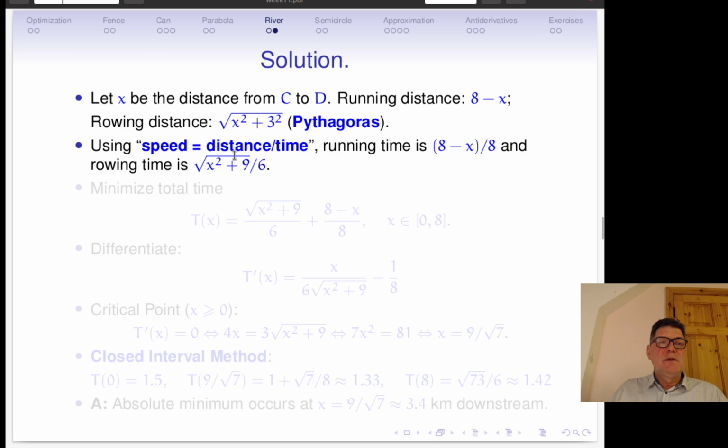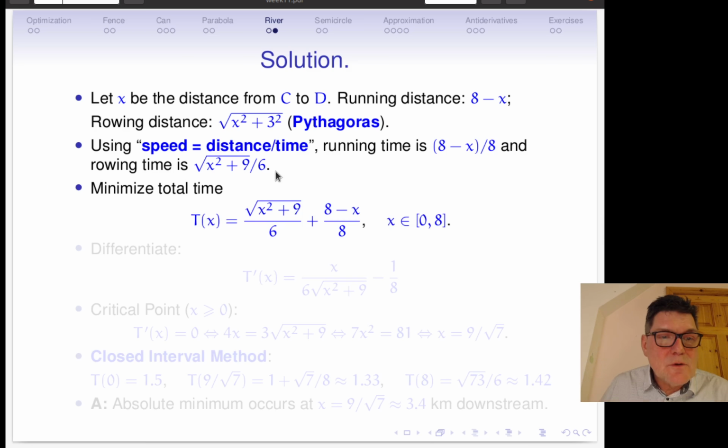And similarly, the rowing time, distance square root of x squared plus 9, at the speed of 6 kilometers per hour, is the square root divided by 6. So what we want now is to minimize the total time T of x, which is the sum of those two, for x in the closed interval from 0 to 8.